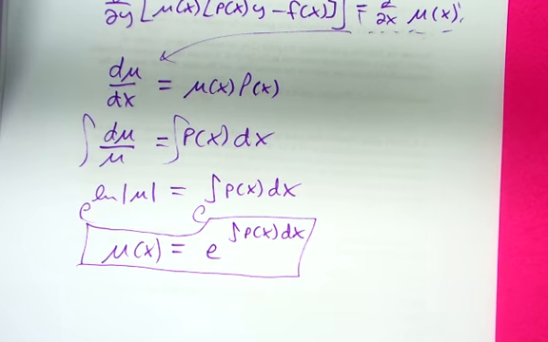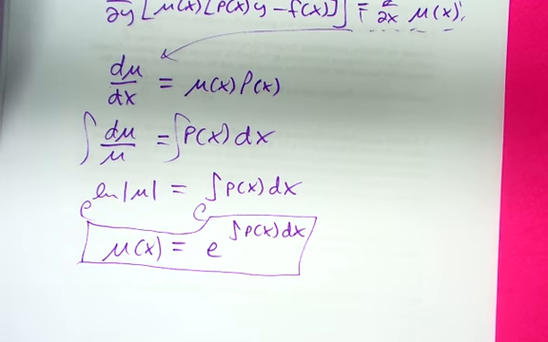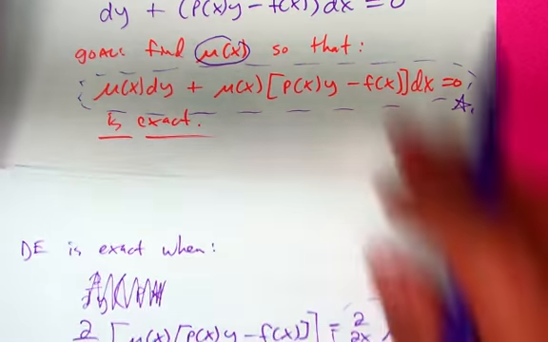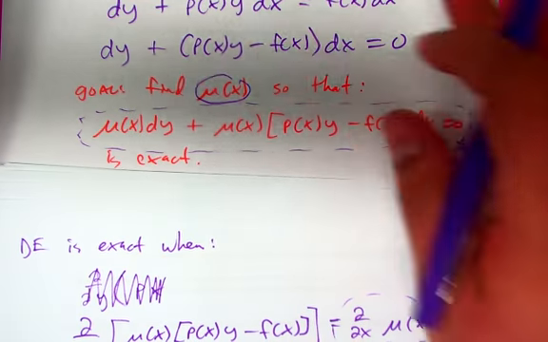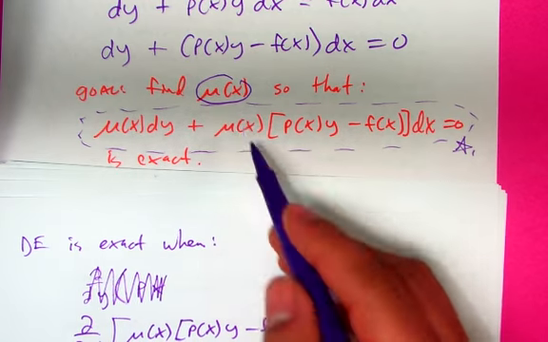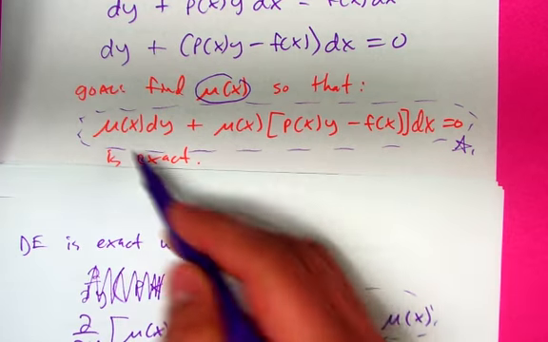Okay? So now what was the point? The point is that when we multiply, so if we go back, if we actually found the integrating factor, we've turned this into an exact equation now, right?